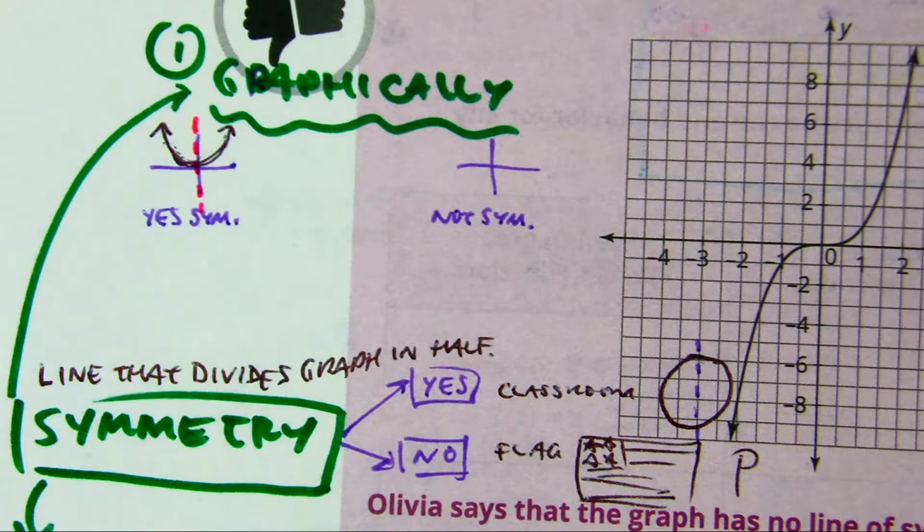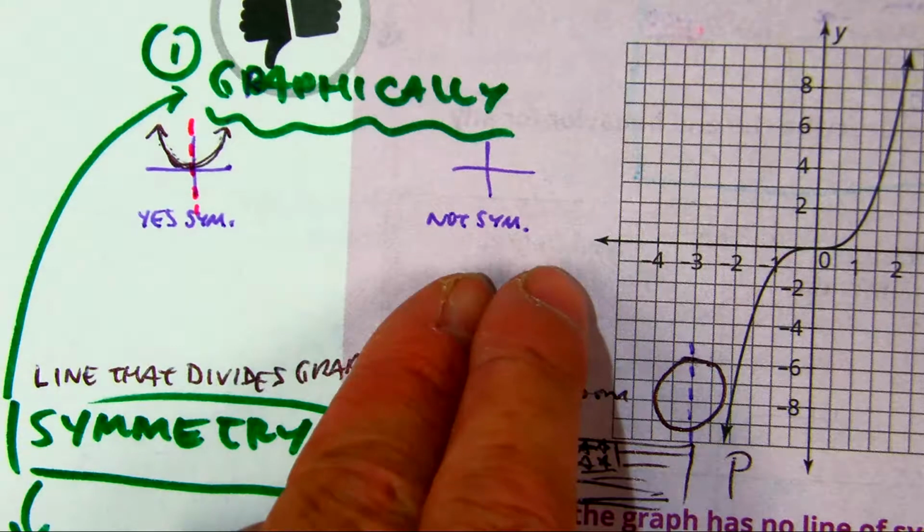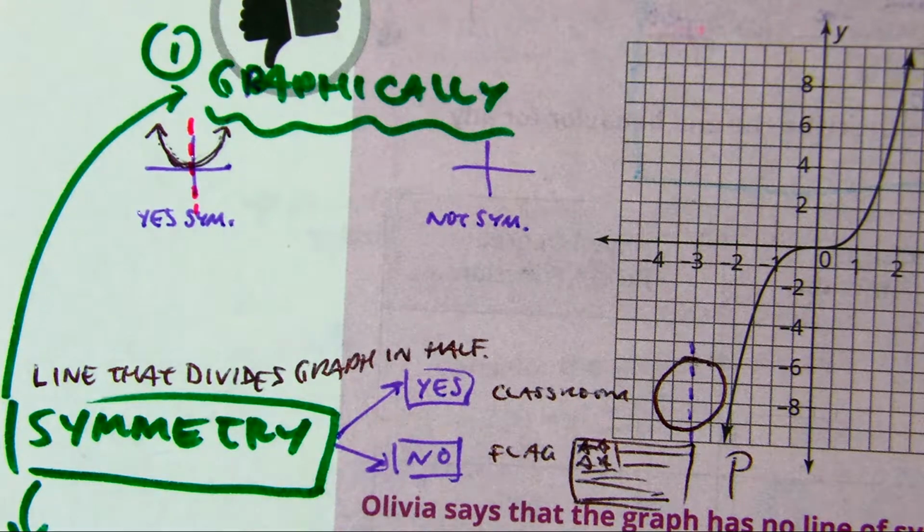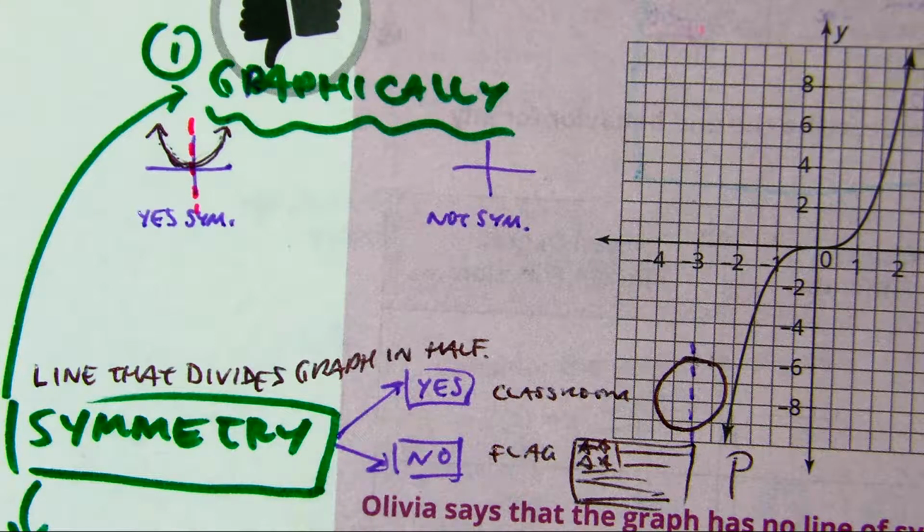Partner B tell partner A, where would the quadratic be if it is not symmetrical? Where would the parabola be shifted to show that it's not symmetrical? Ariana, where can the parabola be so that it's not symmetrical?